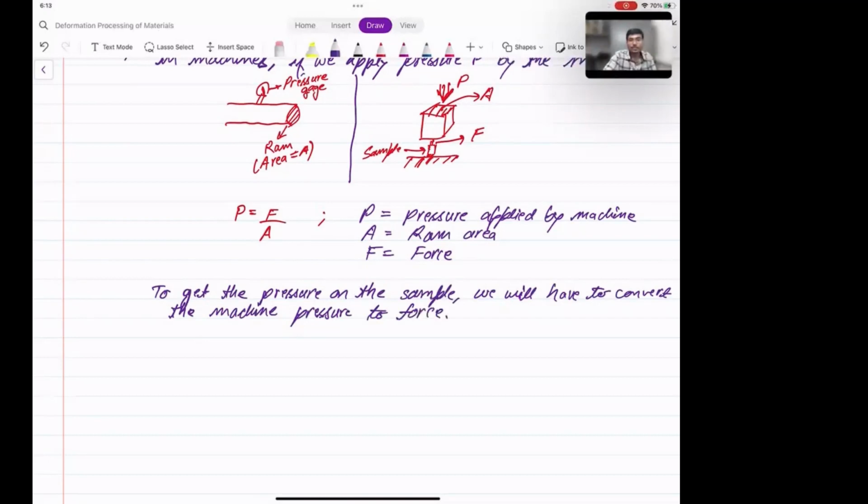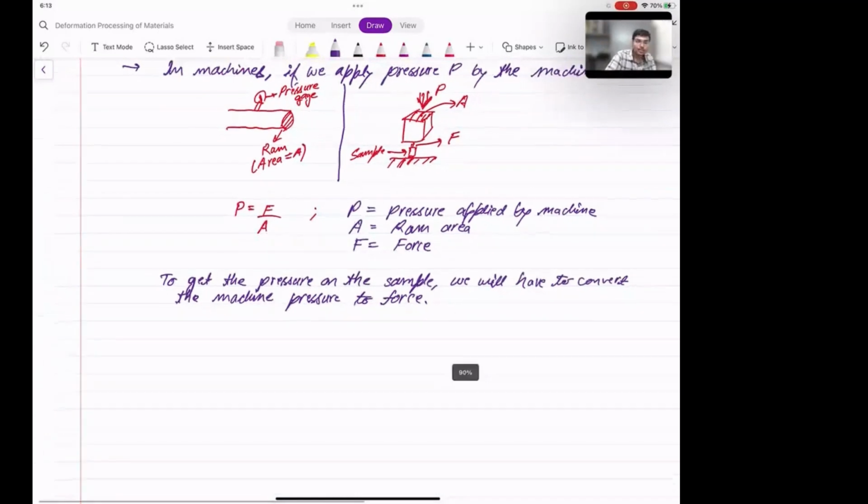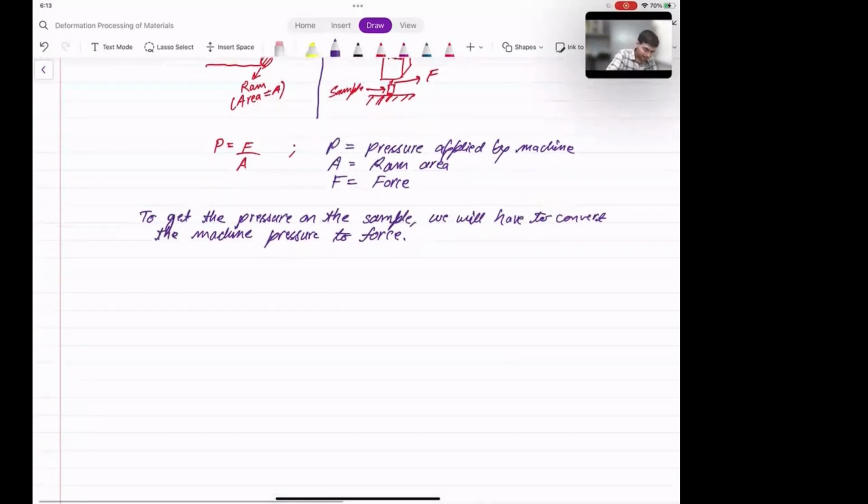Okay, and then by dividing it by the cross section or area of the sample, we will get the pressure on the sample. So this force is nothing but the force that the ram applies on the sample.